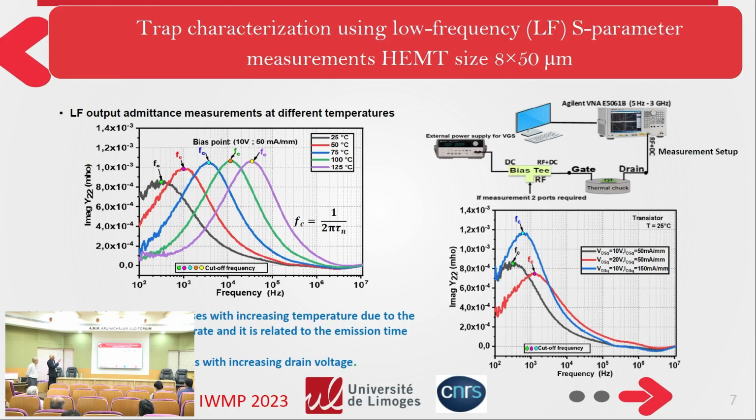I don't know how they make this inside the instrument. It's important to have the bias T. I know they sell this for impedance measurement, but we can also make S-parameter measurements and admittance measurements.